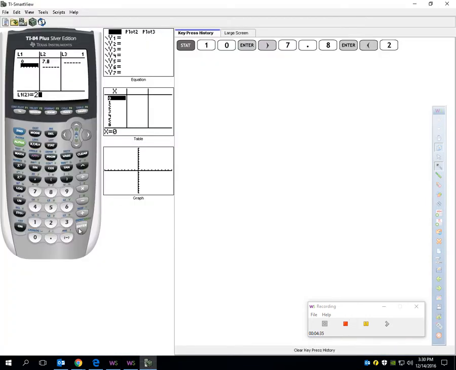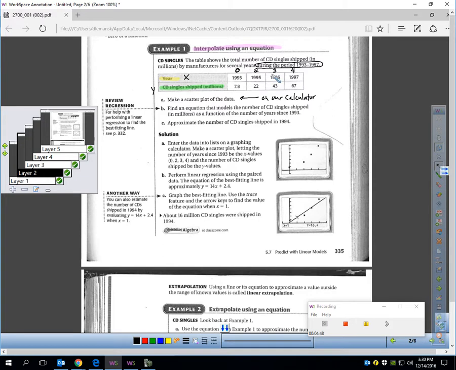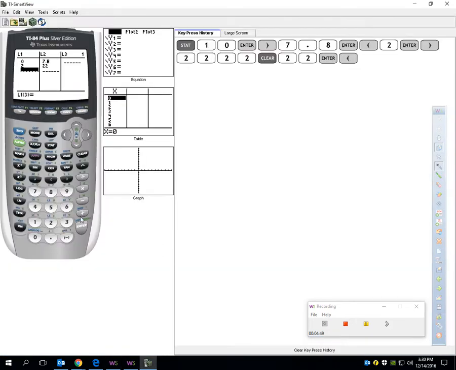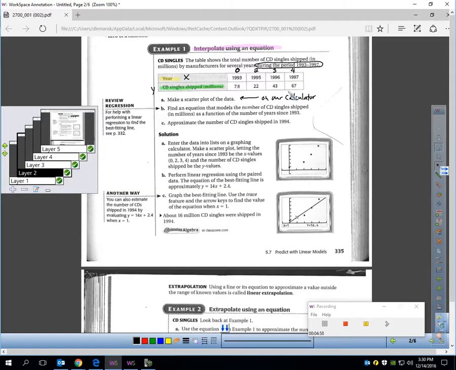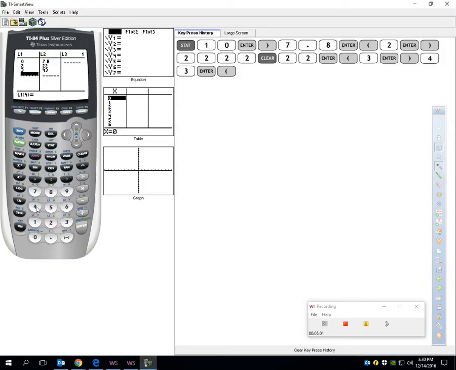So I'll get that in, 2 and 22. Oops, I got too much in there. There we go, 22. My next point to plug in was 3 and 43. And my last point to plug in was 4 and 67.